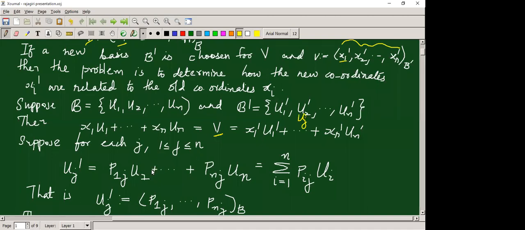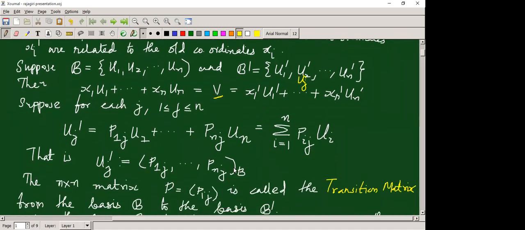This can be written as a linear combination of elements of B. Why? Because B is a basis for V, and each uj dash is also in V. So uj dash is a linear combination of u1, u2, etc., un. Let it be p1j u1 plus etc. plus pnj un, that is, the sum over i from 1 to n of pij ui. So that is uj dash.